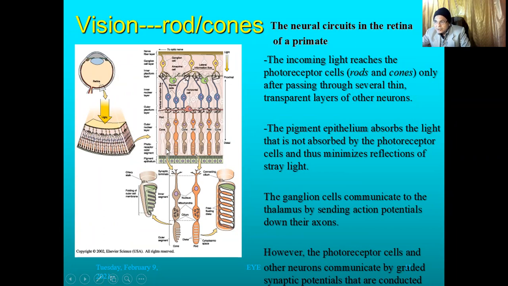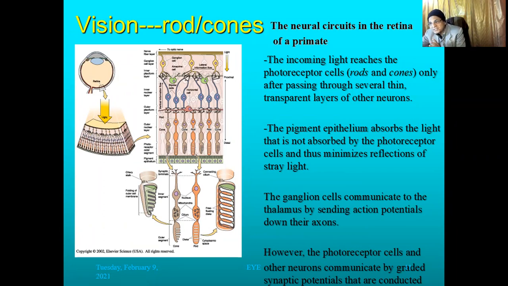So this structure you can see here: cone, rod, cone, rod, cone, and rod. And this is the detailed, bigger structure, where this is the cone and this is the rod. The rod has this type of internal structure. Why is this structure important for us?